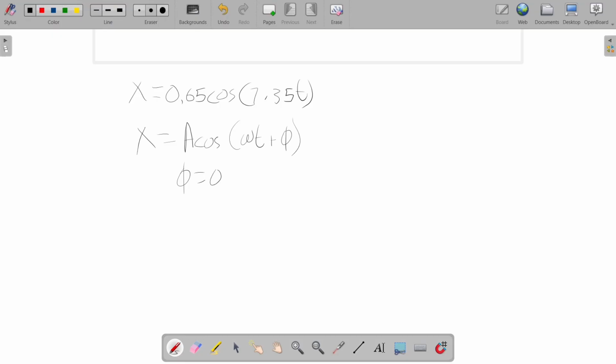So now what does that tell us? That tells us that the amplitude A is equal to 0.65.